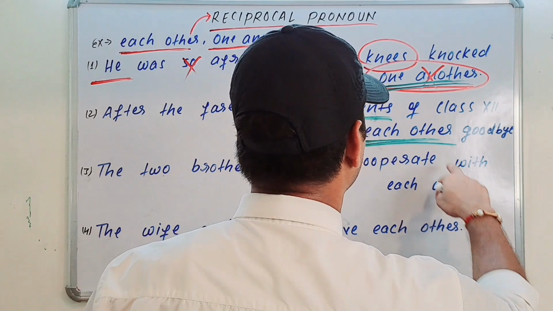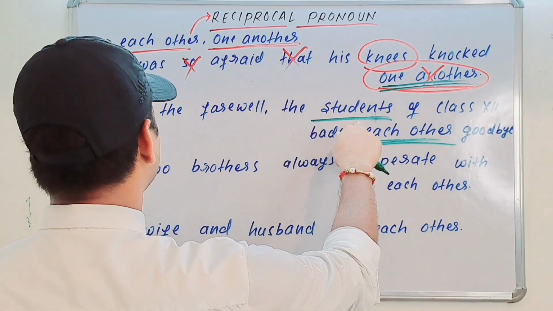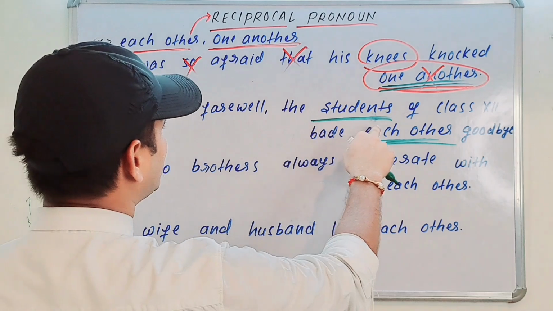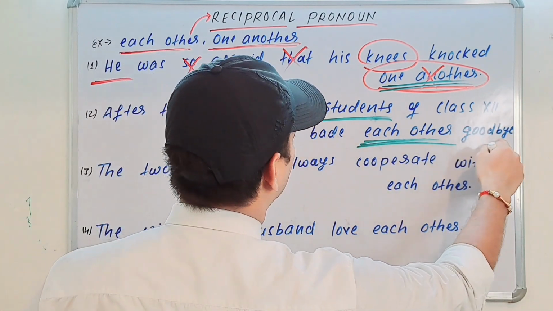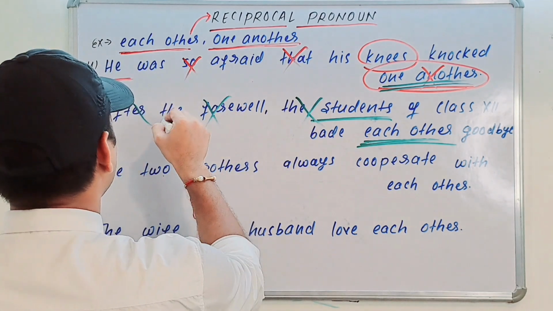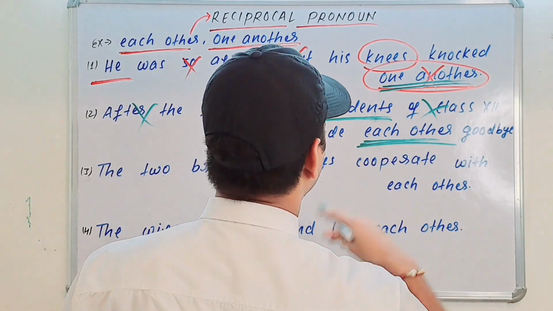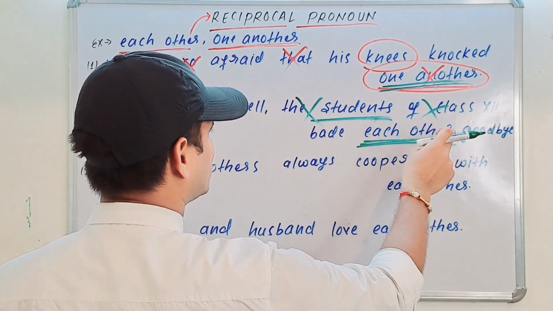So use one another here. After the farewell, the students of class 12 bade one another goodbye. So this sentence is completely wrong; use one another in place of each other.